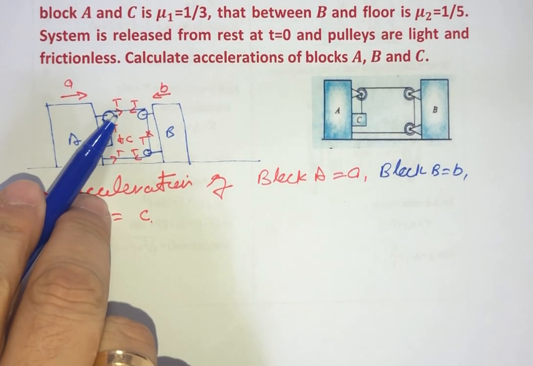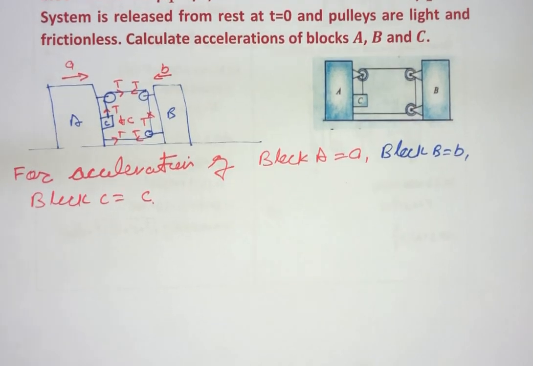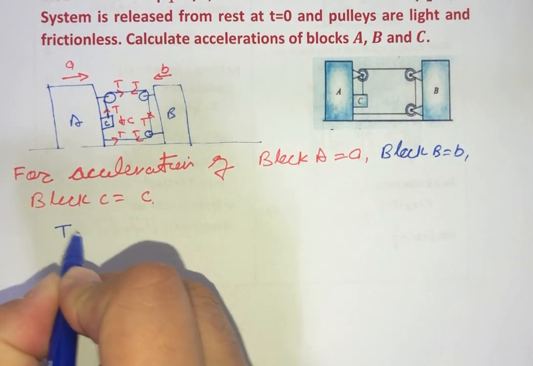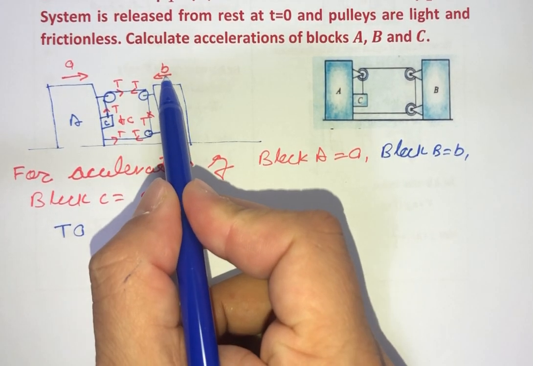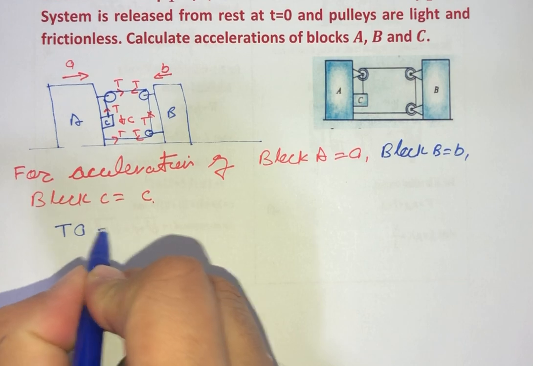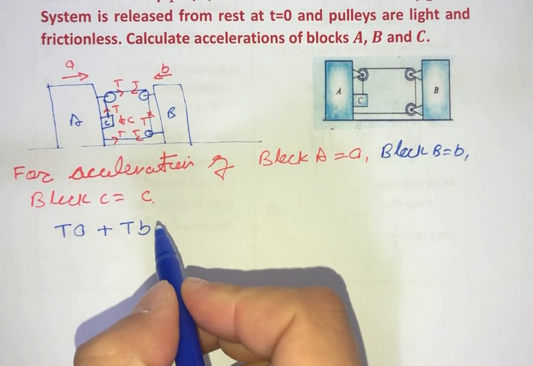The tension for block A is in the same direction as the acceleration, so we can take their product as positive. For B, the tension and the acceleration direction are the same, so this is also positive.